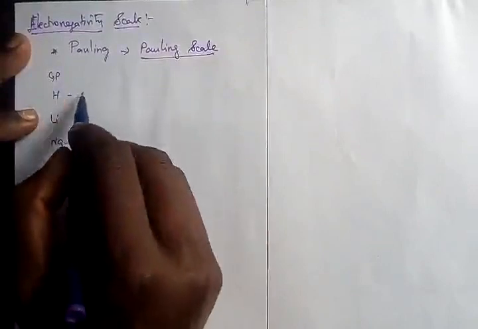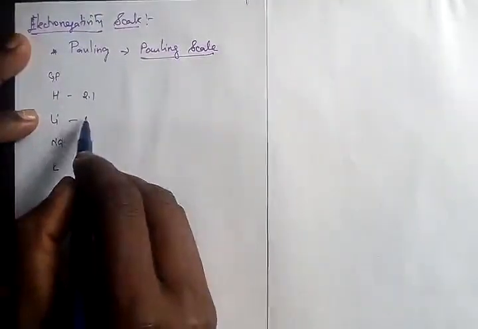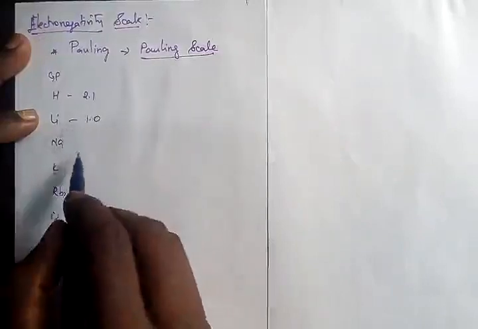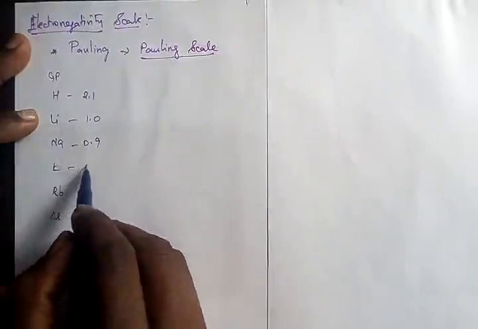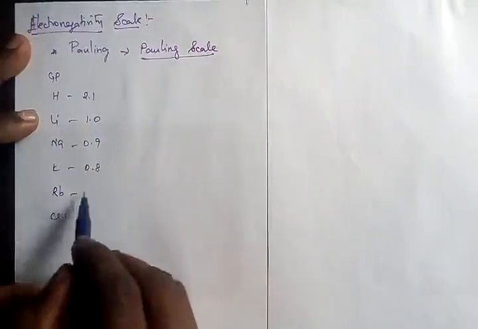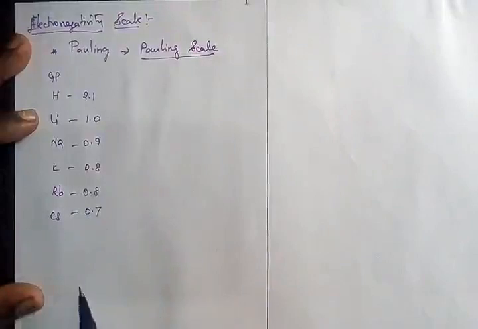Hydrogen has the electronegativity of 2.1, lithium has 1.0, sodium has 0.9, potassium has 0.8, rubidium has 0.8, and cesium has 0.9.